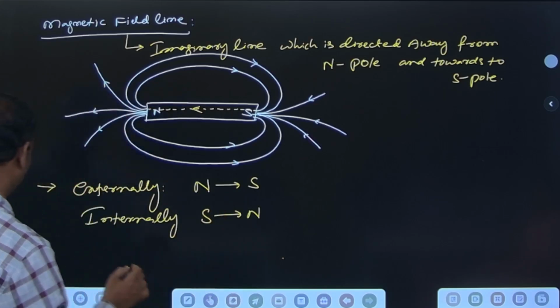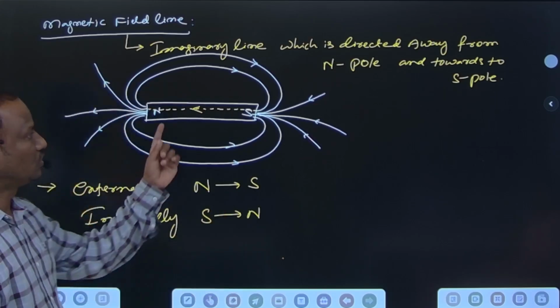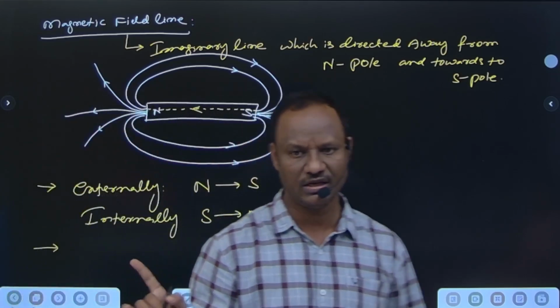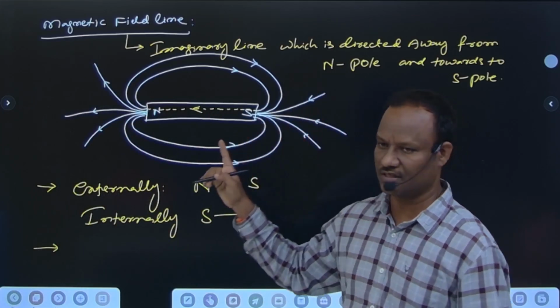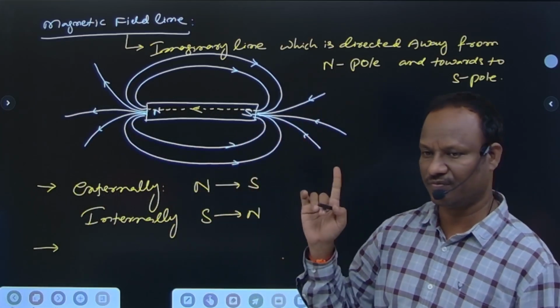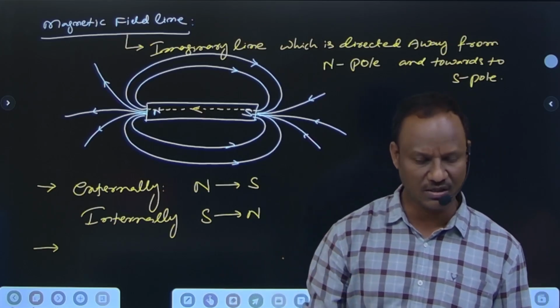Can you imagine two magnetic lines of force intersecting each other? No. When two magnetic lines of force intersect, at the point of intersection the field would have many directions, which is not possible.